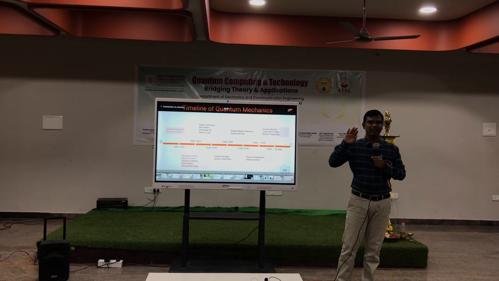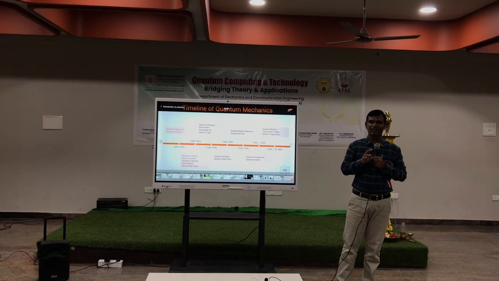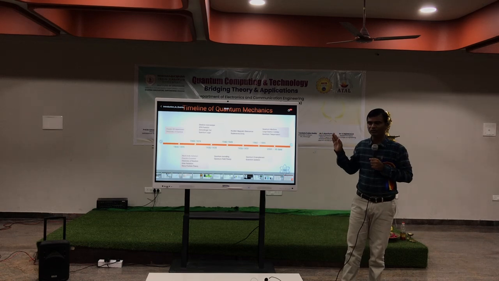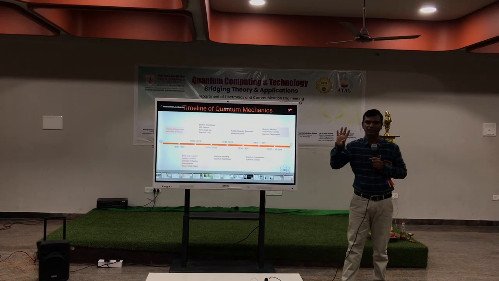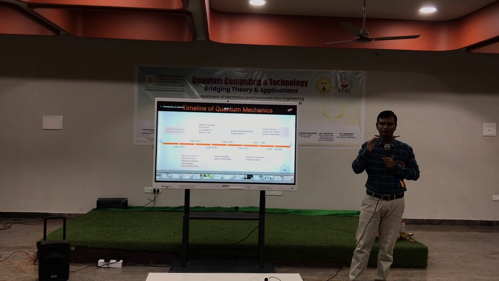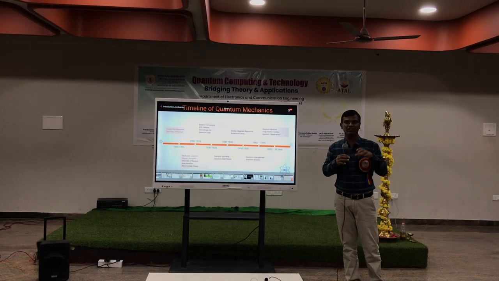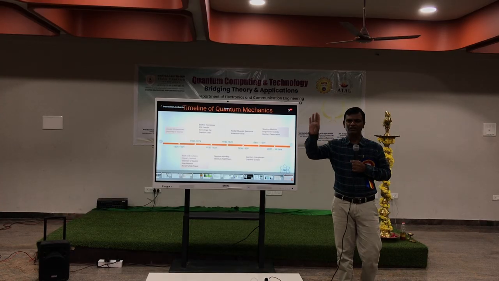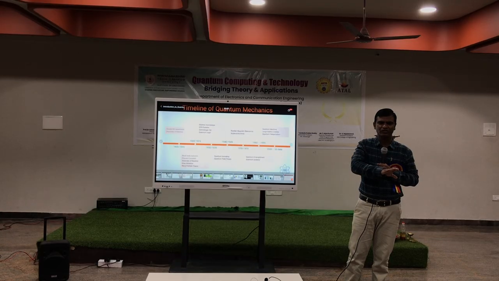All the AI problems can be solved using quantum. Here we call it a separate branch, QML. Just like machine learning, we call it quantum machine learning. Whatever maths you learn there, the same maths we are going to use here.